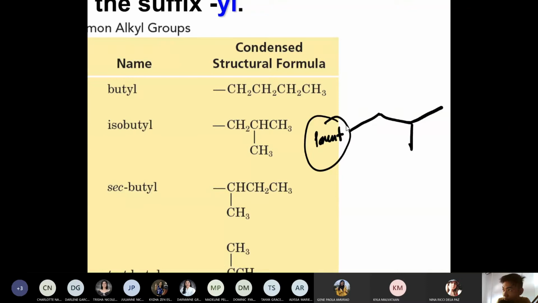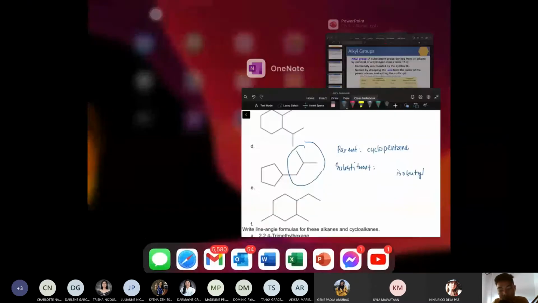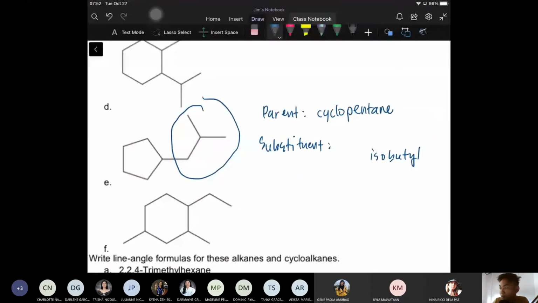Okay? So if di nyo pa rin kabisado, that's okay. Just check this table na. Pero eventually, makakabisado nyo rin yan in the future. Okay? So if hindi kayo familiar with the substituent, kung ano itsura niya, just refer to this slide na. Slide 13 sa PowerPoint natin. Okay? So yan, so that will be isobutyl.